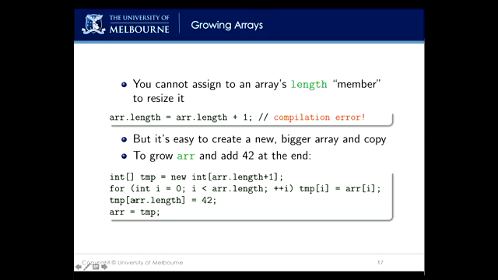Then, to keep the original name valid so you can still use the original array, you simply say the old array equals the new array. Make sense?